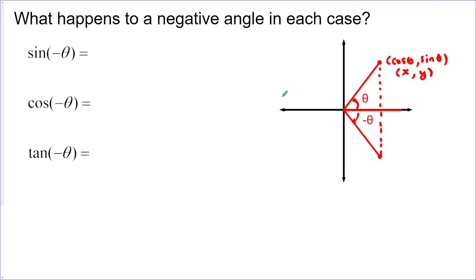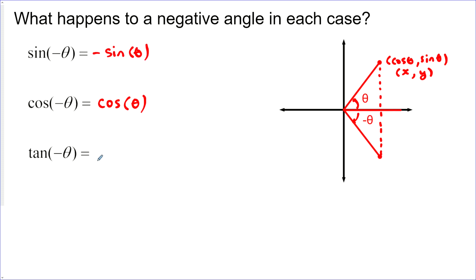So that answers the first question. When we have cos of negative theta, it actually equals cos theta. The next one is when we look at the y's, our y value, or our sine value here, is exactly the same magnitude, but it's just this one is negative. So that's why our sine of negative theta is negative sine theta.